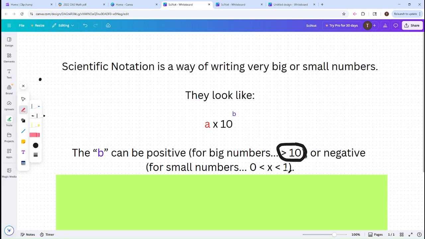And in this instance, a decimal is a number that is bigger than 0, but smaller than 1. And if you think about it, you can come up with a whole bunch of numbers, decimalized though they are, that are bigger than 0 and smaller than 1. And when you have that type of number, the b, and that's the exponent in scientific notation, will be negative.